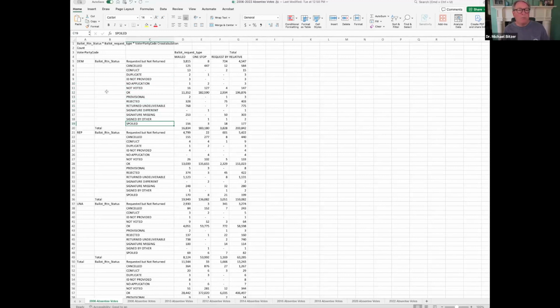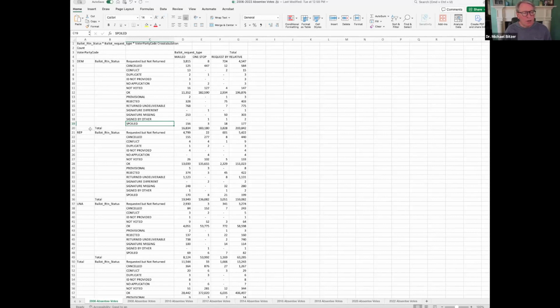A spoiled ballot is typically when somebody marks two boxes in the same office. Say, for example, this fall, somebody voting for president marks both Donald Trump and Joe Biden. There's no way to determine what that ballot indicates, and so often that falls under spoiled.